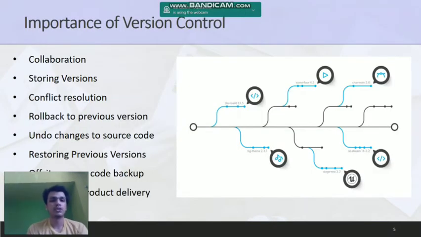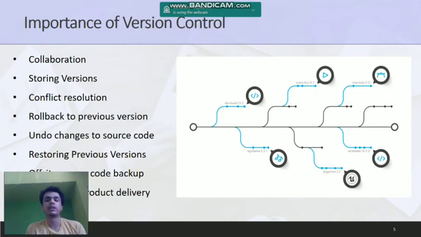Now we'll see the important features of version control. The first is collaboration: as I said, it allows the entire team to work simultaneously on the same product, and it also stores the historical versions of your data while committing new code to the system. Then there are various methods to resolve conflicts.